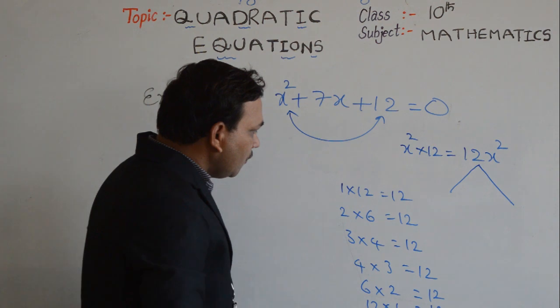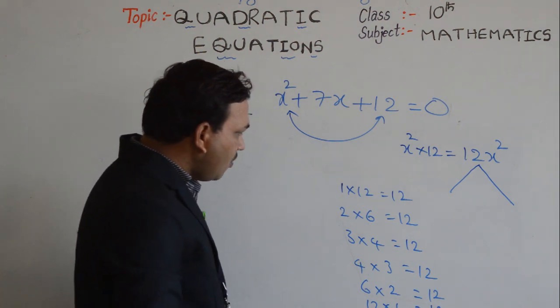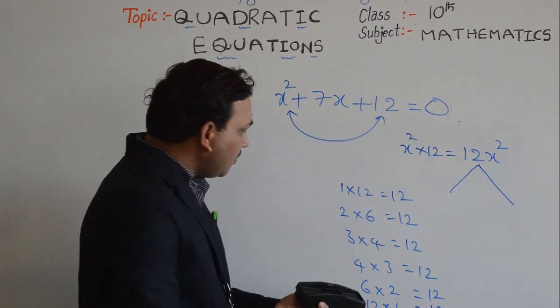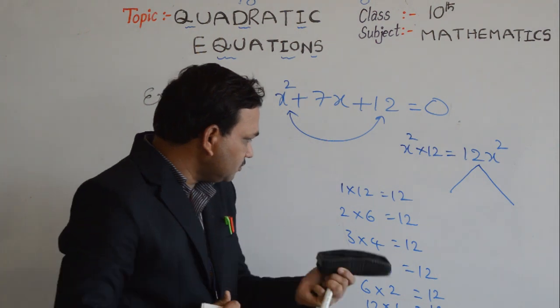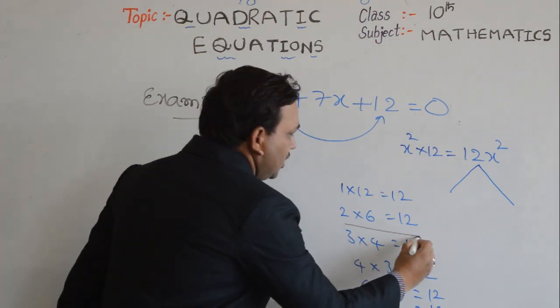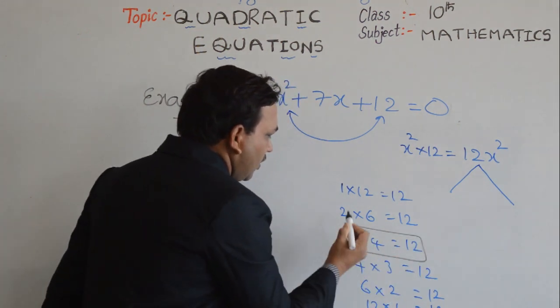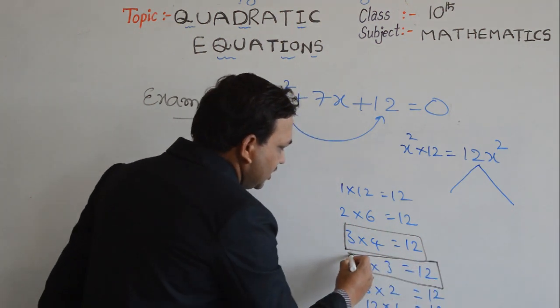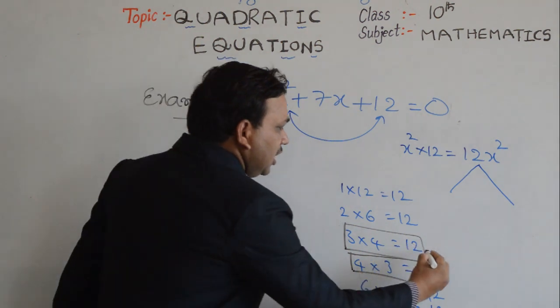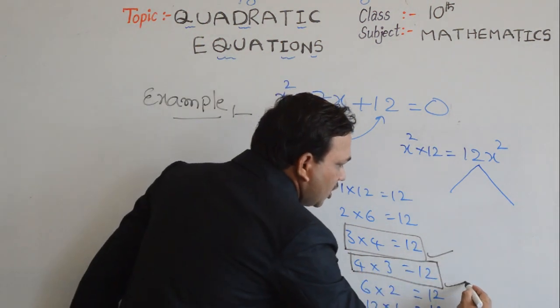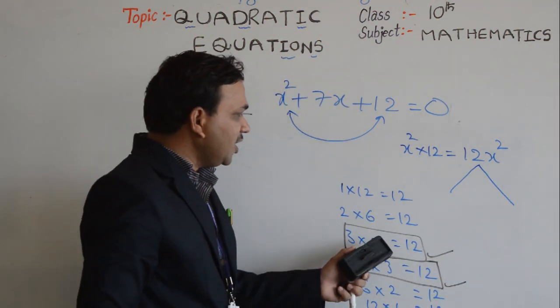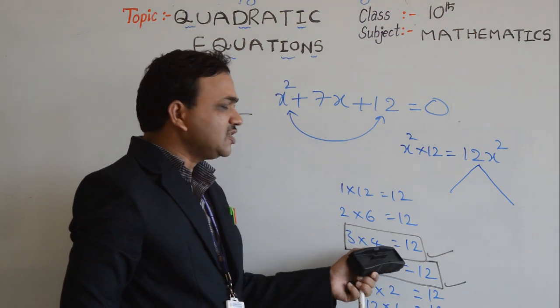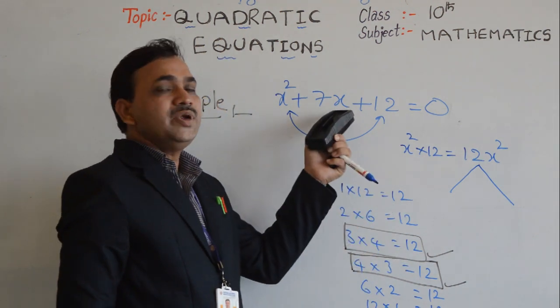So how many pairs are possible here? This is one pair that is possible. This is another pair that is possible. Only these two numbers are possible. Why? Because if you take only these two numbers, then only you get the middle term.